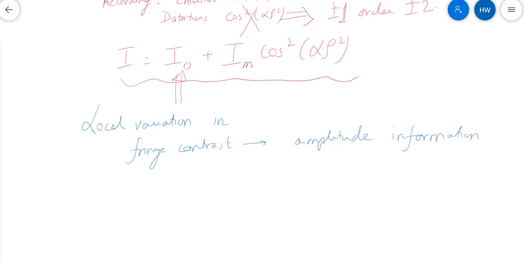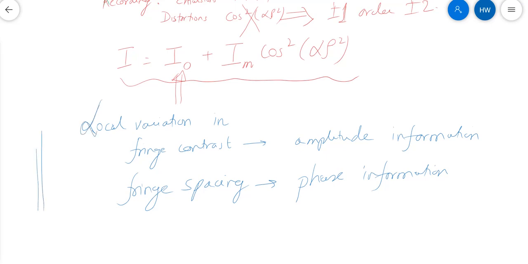And then there is a fringe spacing, right? And that is what I'm associating with phase information. Right? Clearly, you can see that both these aspects are extremely important for us to record a hologram.